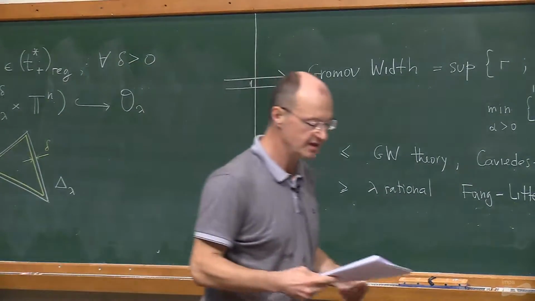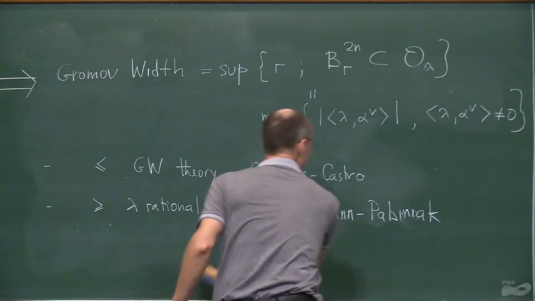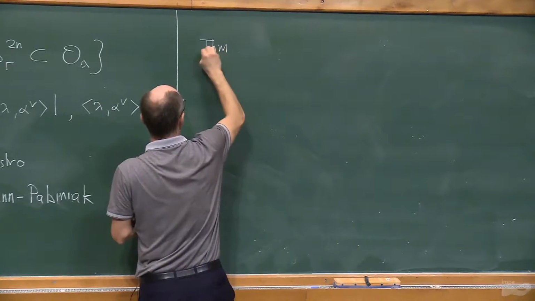So let me give you one more result, and then one very, very simple example. So in fact, our technology can do more than coadjoint orbits. And I give an example of a result. It won't be the most general one.